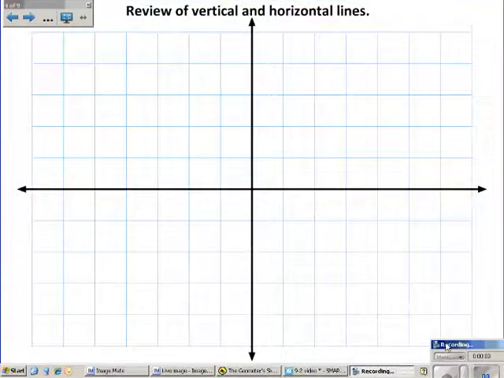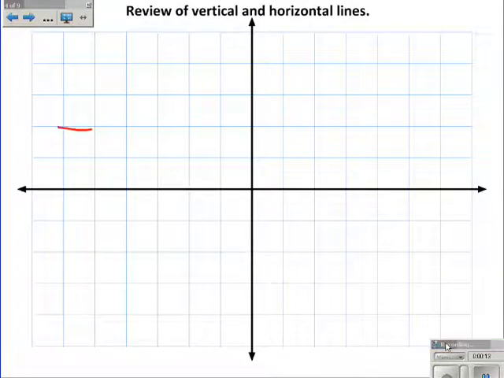Okay, keeping that in mind, let's review quickly vertical and horizontal lines, at least the equations of which. Okay, this horizontal line is defined by the fact that every point on the line has a y value of 2.